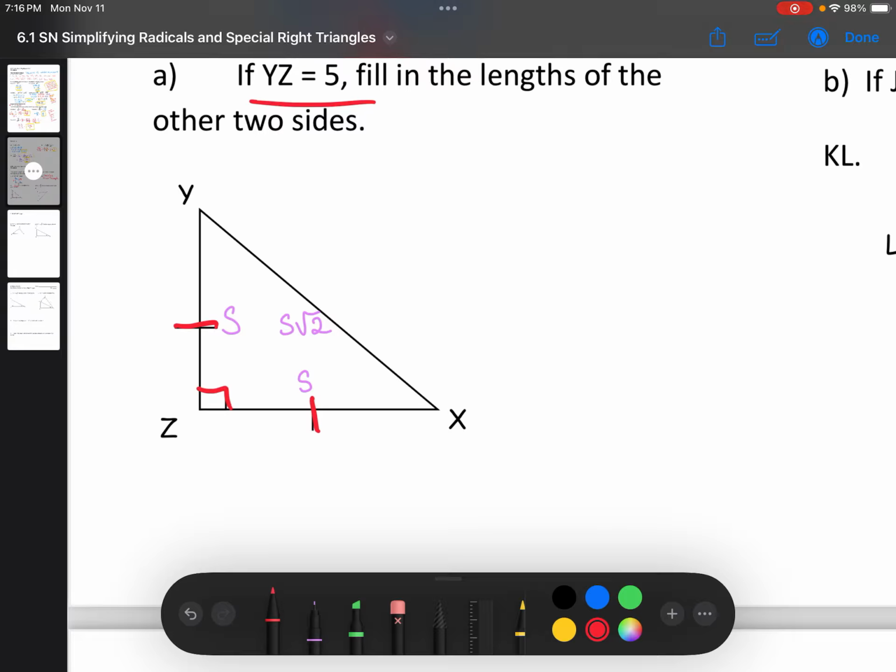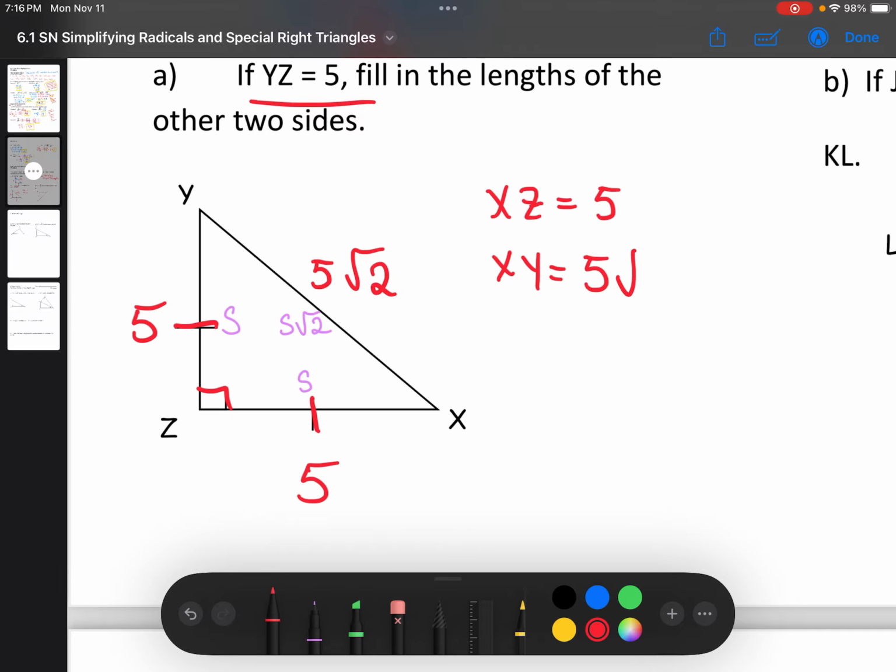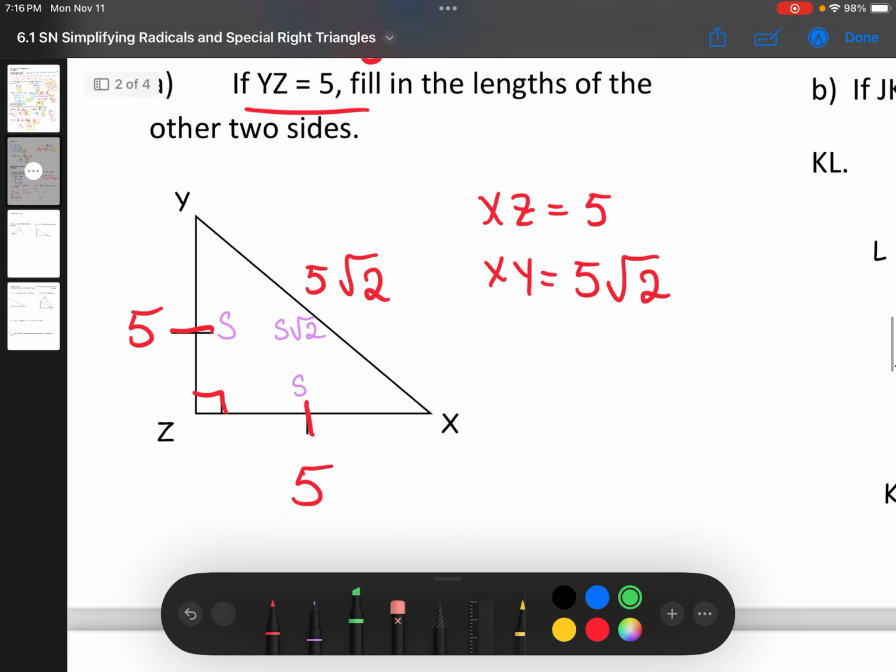YZ is 5. Well, that's S. So the other leg is 5, and that hypotenuse is 5 times root 2. So XZ is 5, and XY is 5 square root 2.